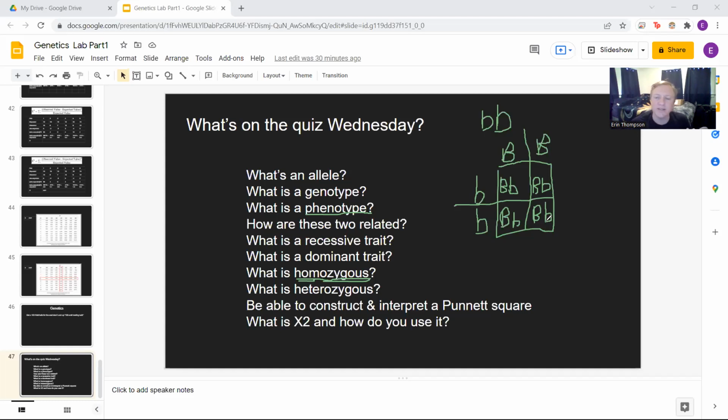So if this were the case, what color eyes would this couple's kids have? They would all have brown eyes. And again, that's because this is called a purely dominant or purely recessive trait.